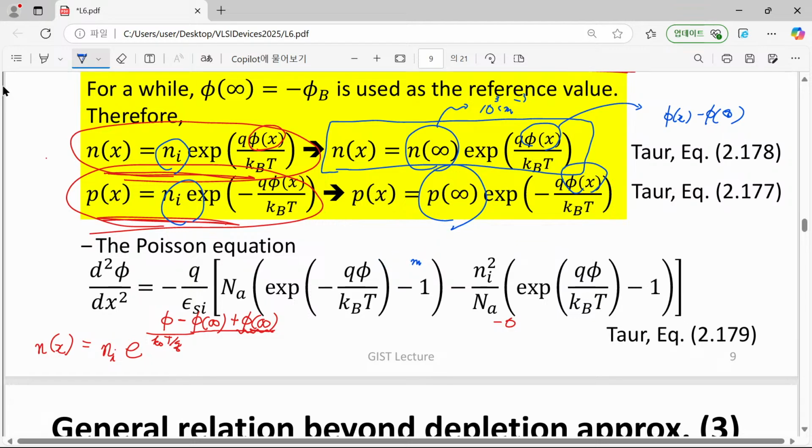In other words, this P at infinity corresponds to Na, and this N, electron density at infinity, becomes Ni squared divided by Na. In many cases this number is extremely small and this number is extremely large. So there are several orders of magnitude difference between this P and N.